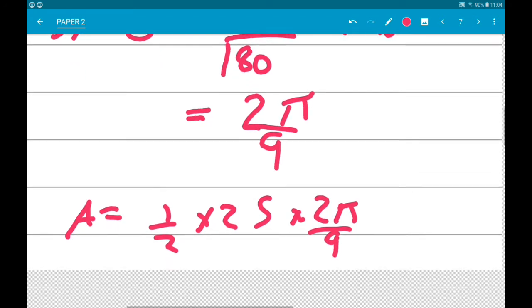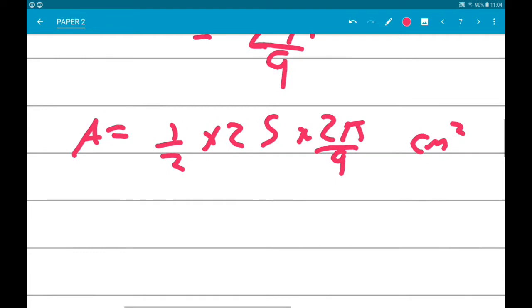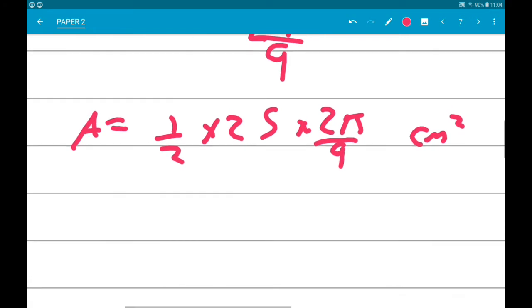And that's centimeters squared. So we can leave it in terms of pi. The 2's cancel. So we have 25 pi over 9 centimeters squared.